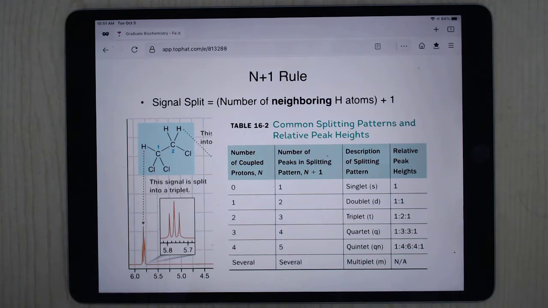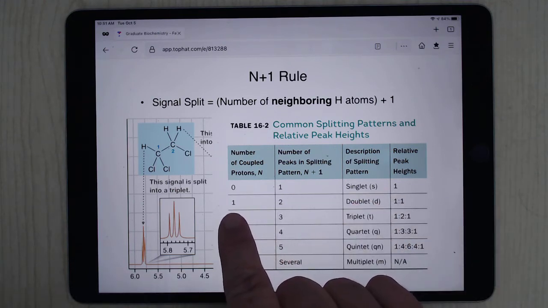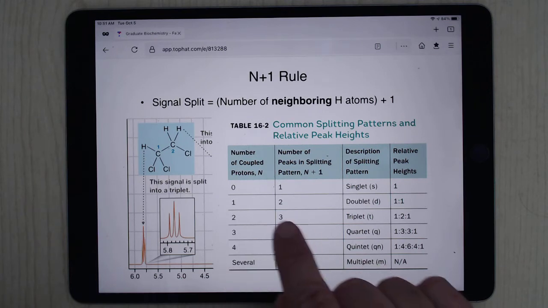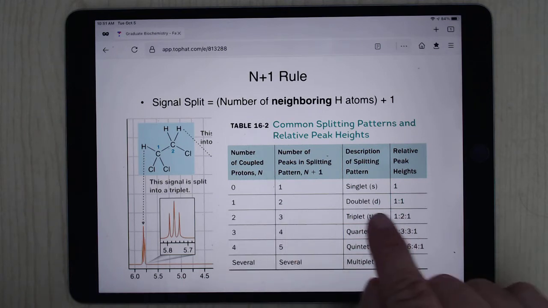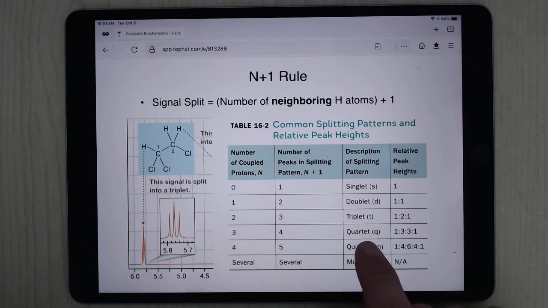That means the n+1 would be 0 plus 1, so it would be 1, and we call that a singlet. If you had 1 neighbor, you would get a 2, so it's a doublet. If you have 2 neighbors, you get a triplet. 3 neighbors, it's a quartet. 4 neighbors, it's a quintet.